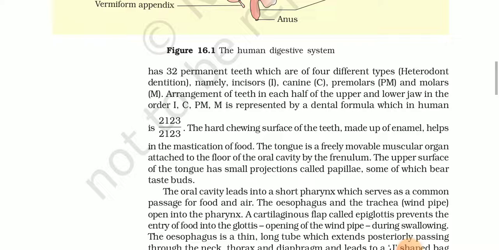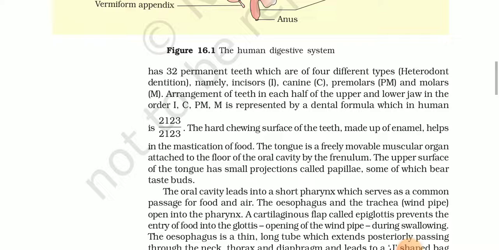The tongue is a freely movable muscular organ attached to the floor of the oral cavity by the frenulum. The upper surface of the tongue has small projections called papillae, some of which bear taste buds.